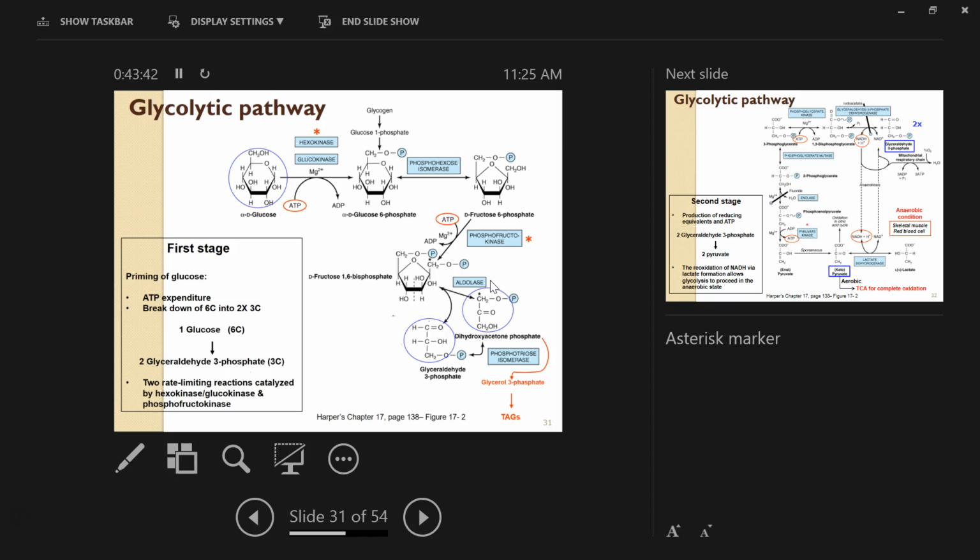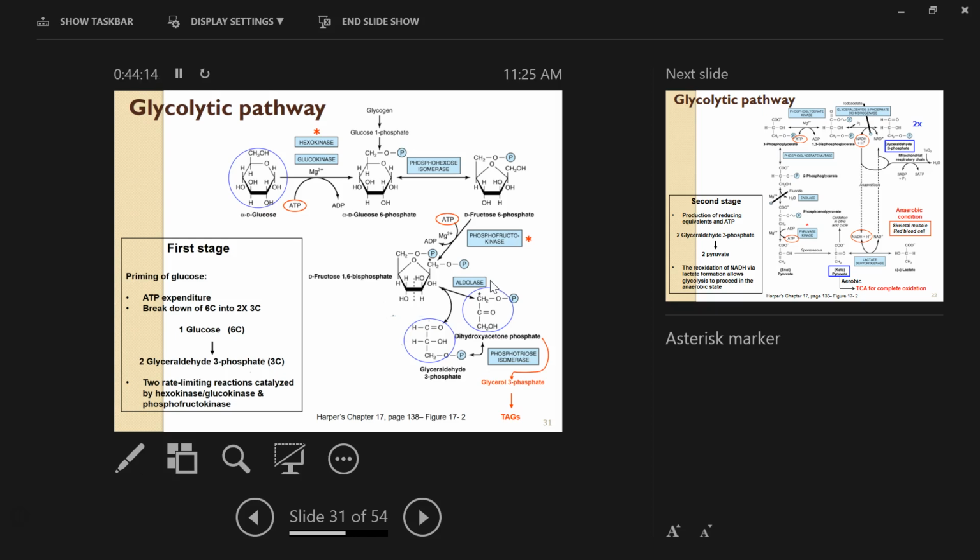What I would like you to remember is the three rate-limiting reactions in the glycolytic pathway: what is the substrate, what is the product, and what is the enzyme that catalyzes each specific reaction. These are called key reactions or rate-limiting reactions, right? Three reactions in the glycolytic pathway.